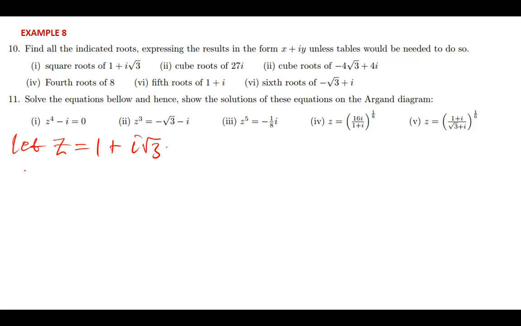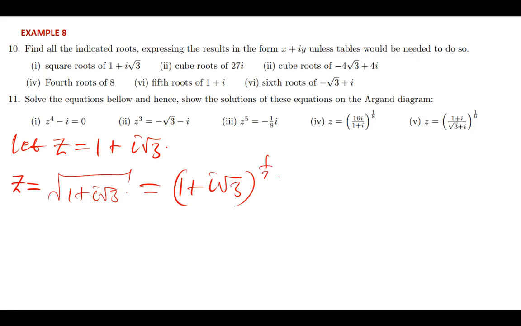So z is equal to the square root of 1 plus i root 3, which is the same as 1 plus i root 3, and then everything to the power half. Square root is just the same as that.